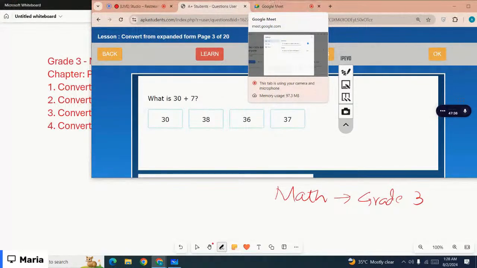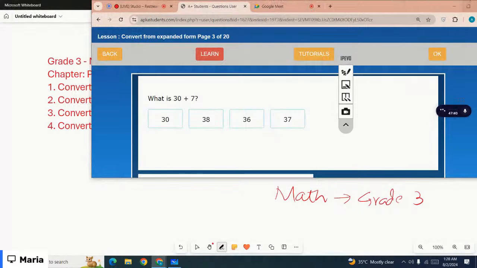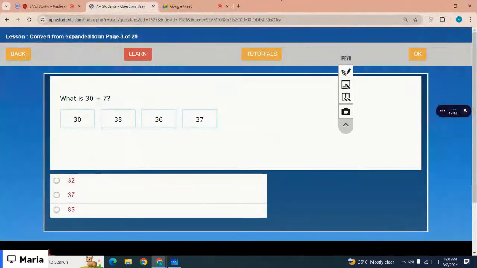The next one is, what is 30 plus 7? So which is the correct option? That is 37. Option number 2 is the correct option.